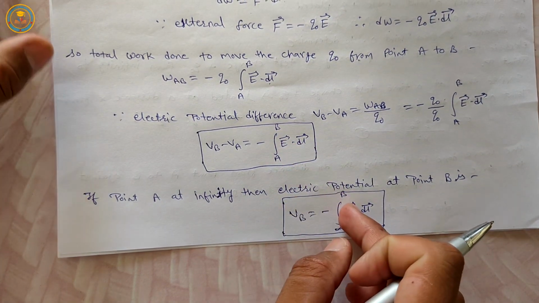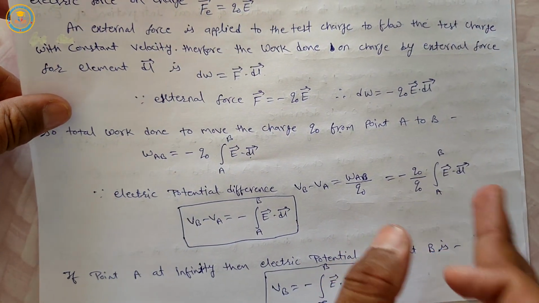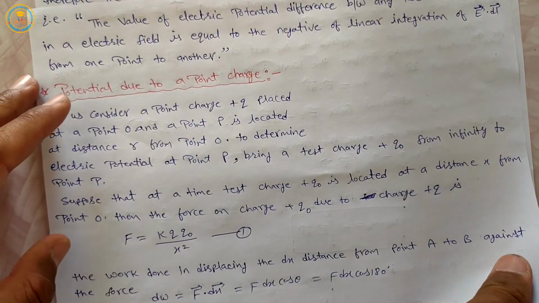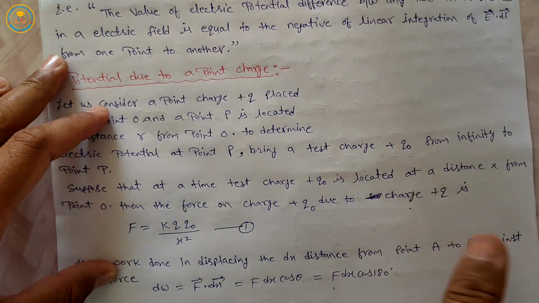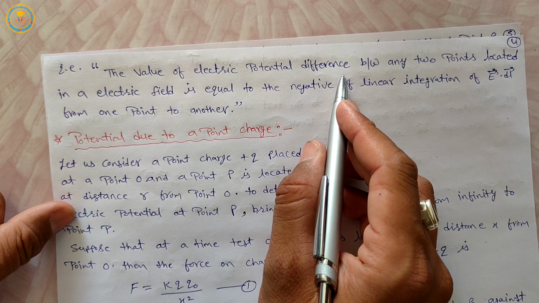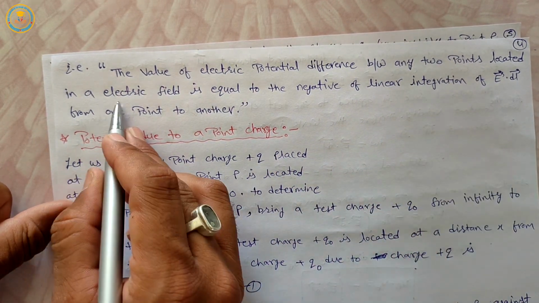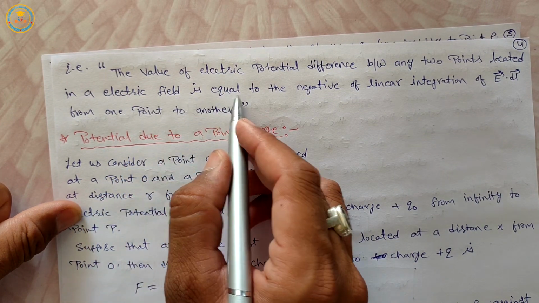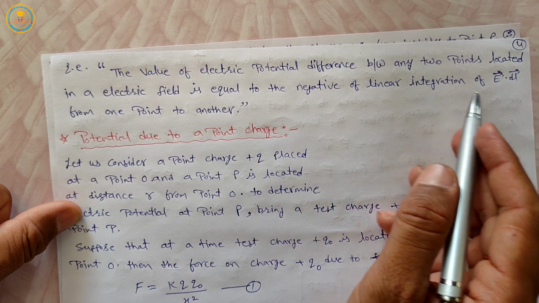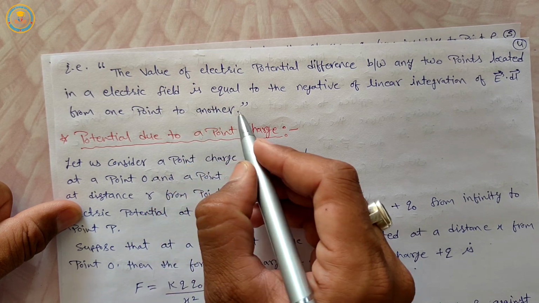According to these equations, we define electric potential and electric potential difference in terms of an electric field. That is, the electric potential difference between any two points located in an electric field is equal to the negative of the line integral of E vector dot dl vector from one point to another.